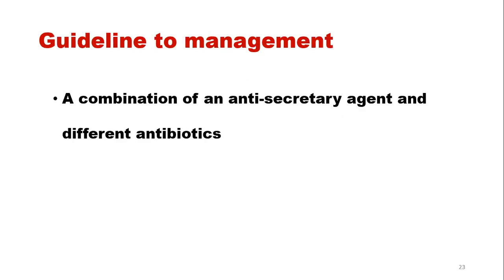So what's the guide to management? I'm not going to go into details of the drugs because I'm sure you'll have discussed this in your pharmacology lectures. What you should note is that it's a combination of an anti-secretory agent and different antibiotics.